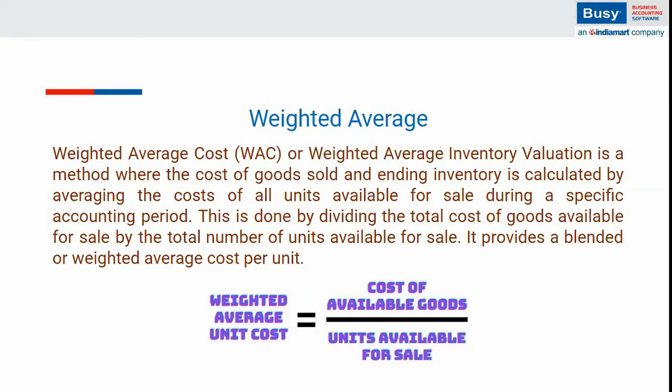That means opening quantity plus in quantity. So if your total in value along with the opening value is 5,000, it will be divided by your total quantity, that is opening quantity plus in quantity. So this is the actual formula of weighted average.